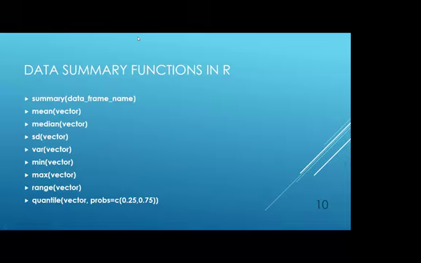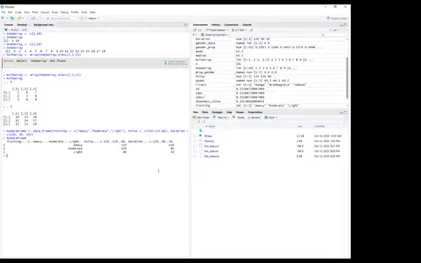So I'm again going back to my R Studio. Okay, I think R Studio is visible now. Fine. Summary can be used on a vector.